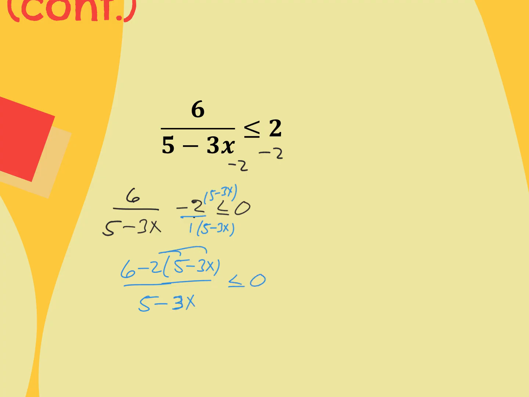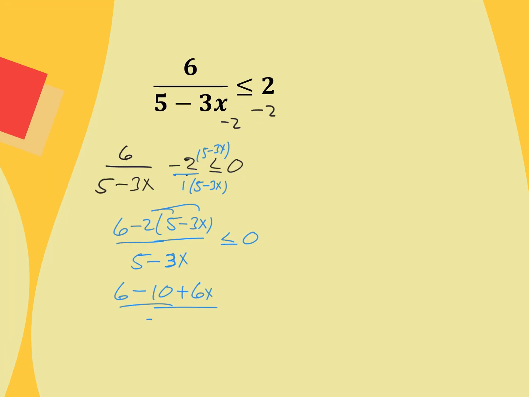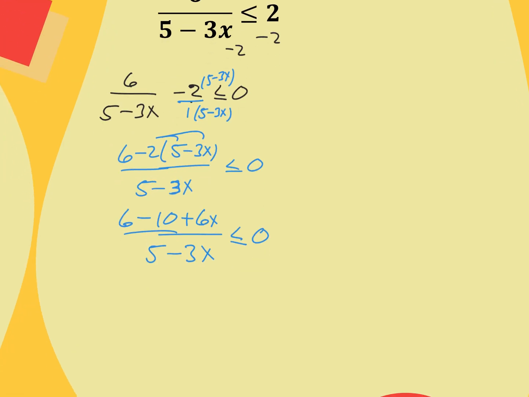So I can distribute negative 2, and I get a 6 minus 10 plus 6x over 5 minus 3x is less than or equal to 0. And then simplifying this, I get a negative 4 plus 6x on the top, and then a 5 minus 3x on the bottom is less than or equal to 0.